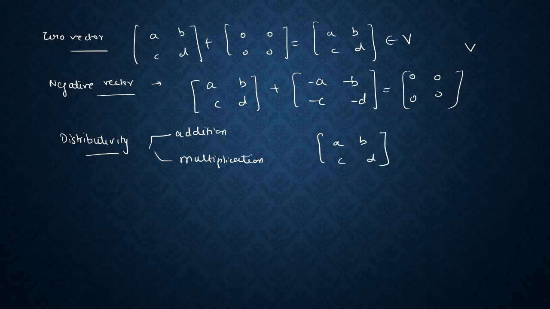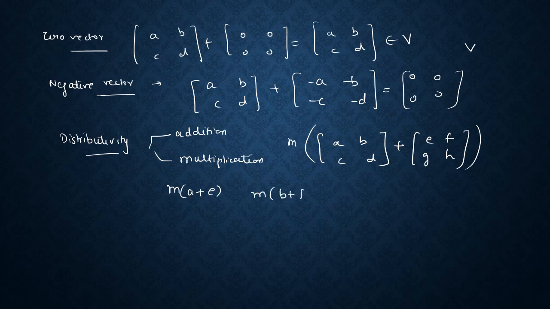Because it is distributivity, you should have another element also, let's say e, f, g, h, and you are having a scalar m. So you will see that you can have m(a plus e), m(b plus f), right?